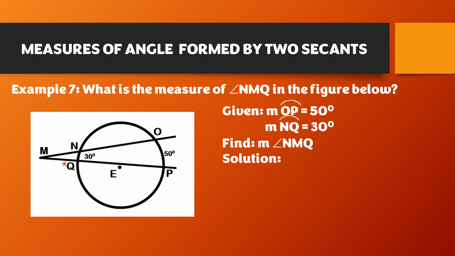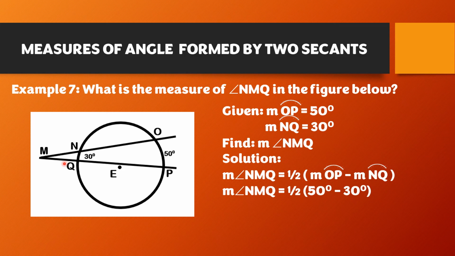And for the solution, we're going to apply now the external angle theorem. So we have the measure of angle NMQ is equal to 1/2 times the measure of arc OP minus the measure of arc NQ. And substitution, so we have angle NMQ is equal to 1/2 times the measure of arc OP is 50 degrees and the measure of arc NQ is 30 degrees.